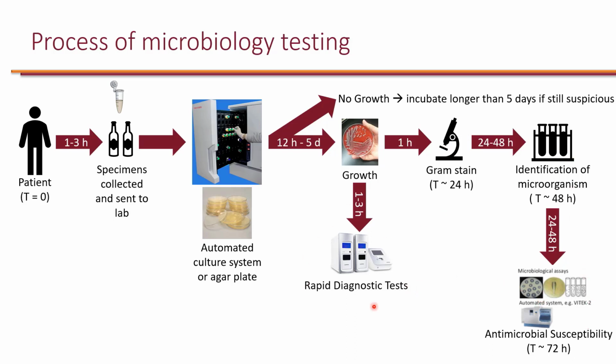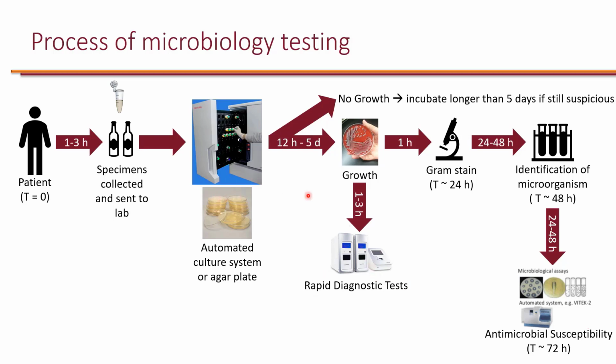So even though we used a rapid diagnostic test, we still need to do the traditional identification and susceptibility testing, because in case the patient has an organism that is not included in this rapid diagnostic test, we still need to figure it out, and you don't want to slow down this process while the rapid diagnostic test is processing. But certainly these rapid diagnostic tests are advancing very quickly year after year.